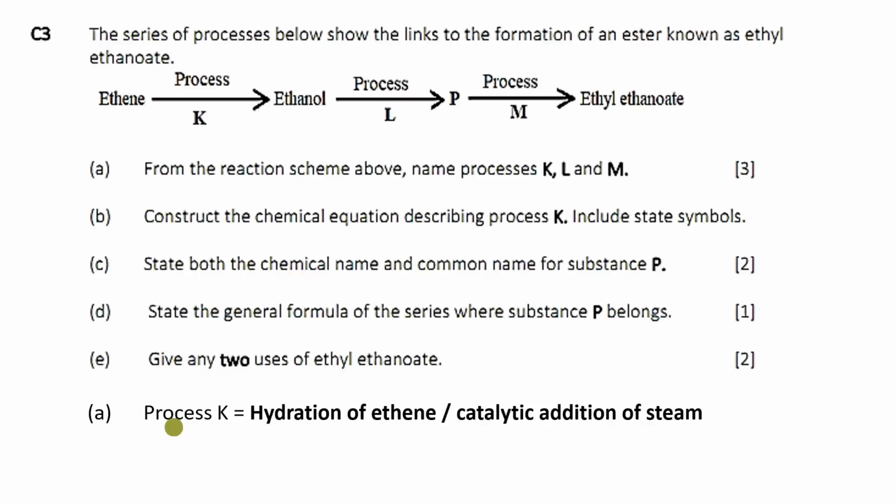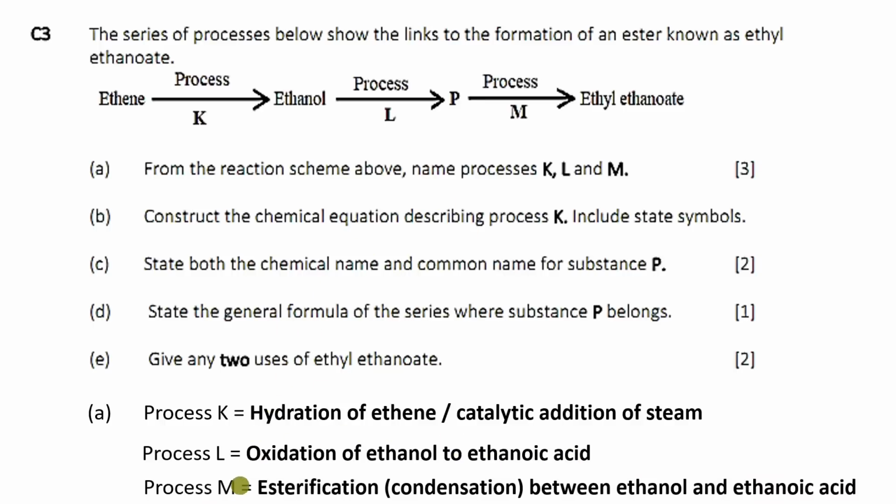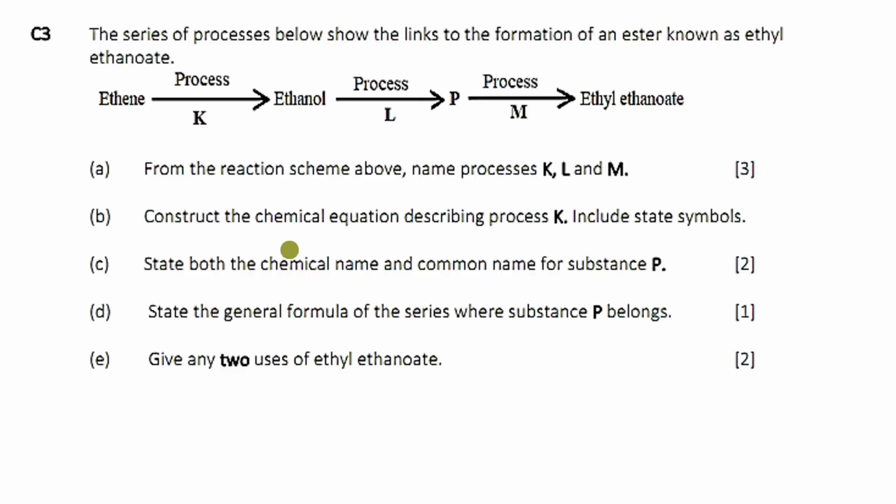So in answering, we are saying K is hydration of ethene. Then L is oxidation of ethanol to ethanoic acid. Then M is esterification, condensation between ethanol and ethanoic acid. Okay? Then we move on to the next question.